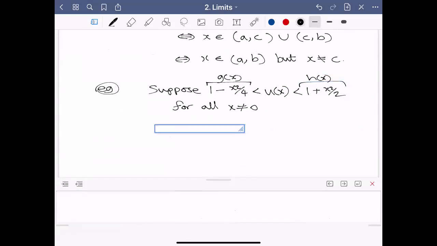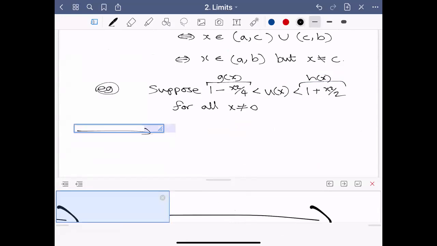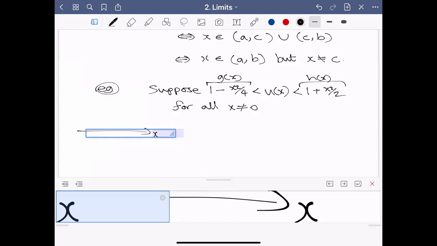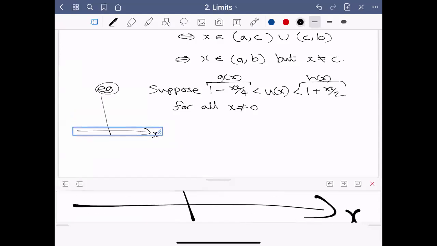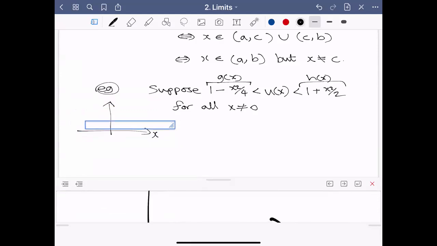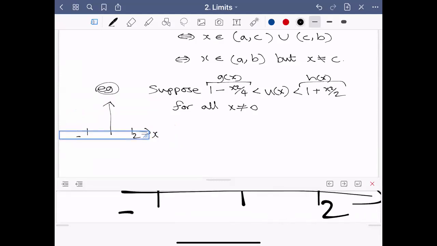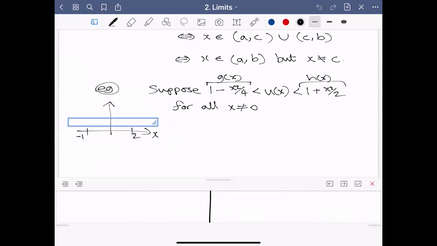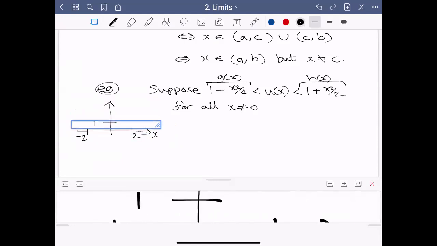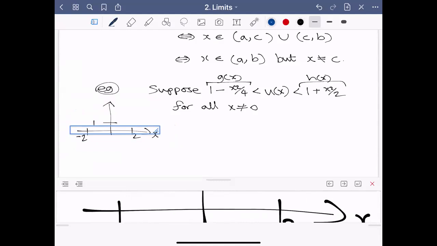So let's draw a graph. So 1 minus x squared over 4: the x-intercepts are 2 and minus 2, and the y-intercept is 1. So the graph of g(x) looks like this.